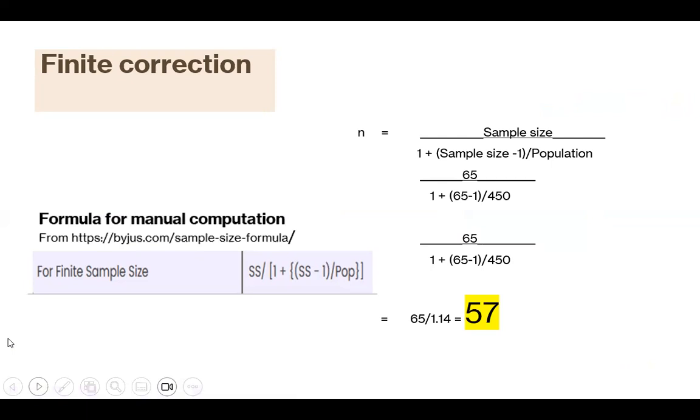And using the one that we got for the default 1 million, the sample size was 65. So that was 65 over 1 plus the fraction 65 minus 1 over 450. 65 over 1.14 boils down to 57. And this is the figure that we got when we inputted the 450 as a finite population. So that's how you do it.